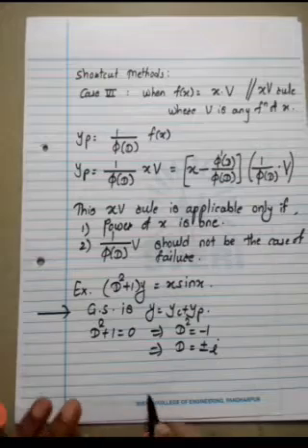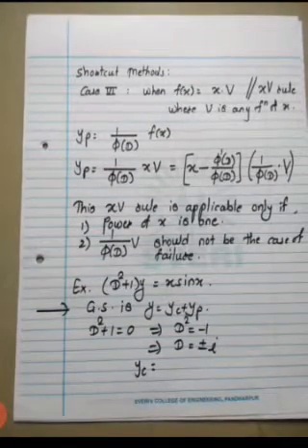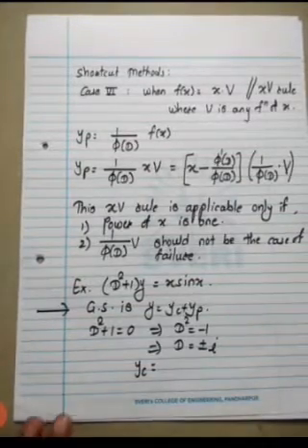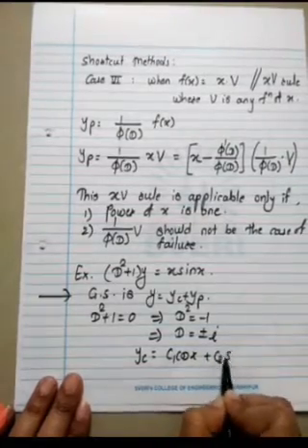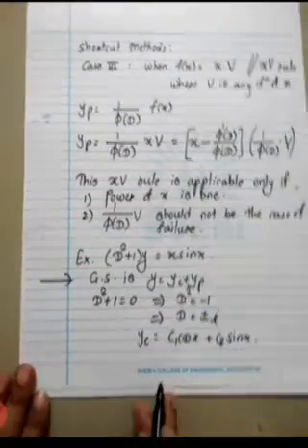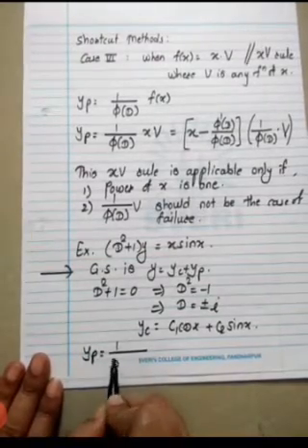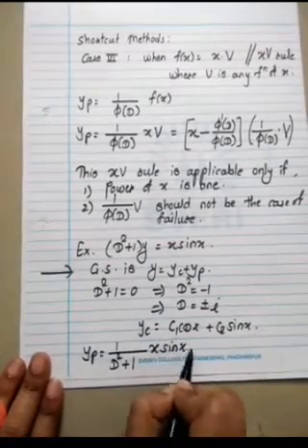So what is yc? Yc is c1 cos x plus c2 sin x. Then we'll write yp as 1 upon d square plus 1 into x sin x.